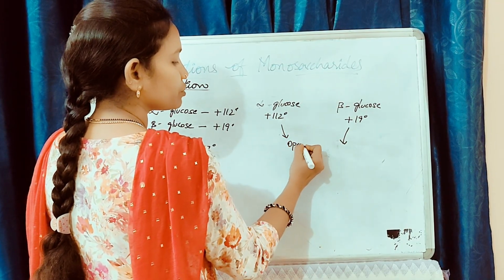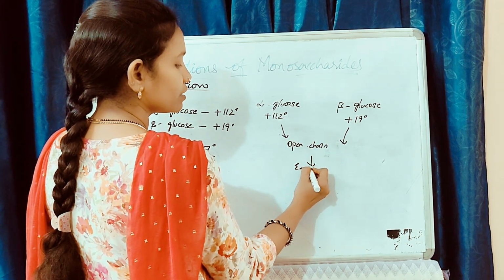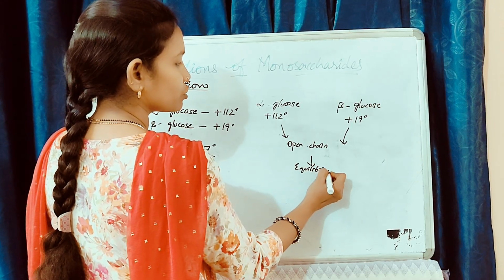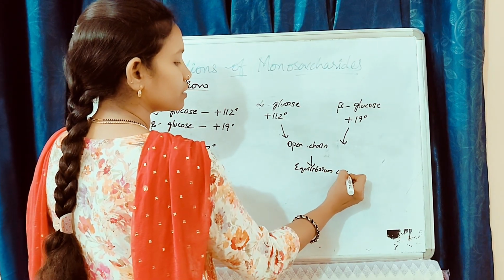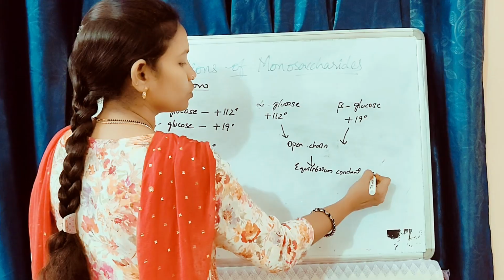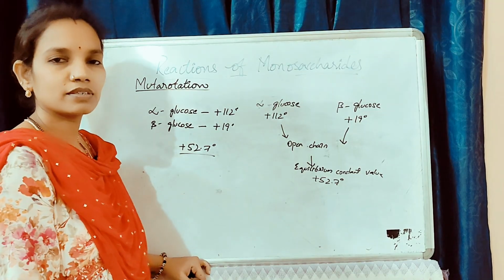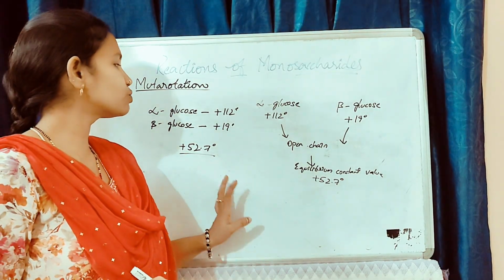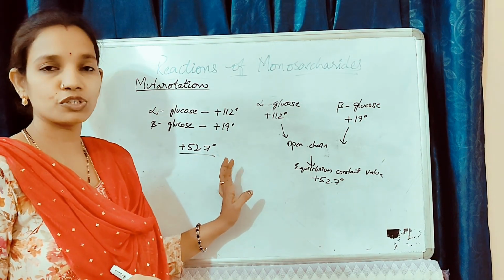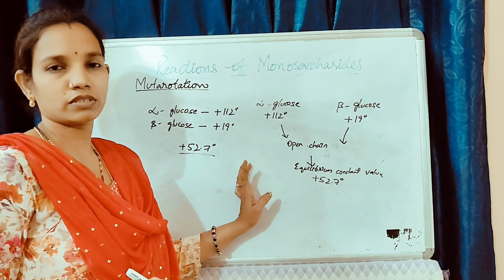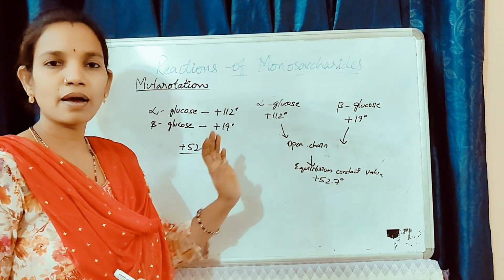Through the open chain form, they reach the equilibrium, means interconversion of alpha and beta glucose takes place. They reach the equilibrium value of plus 52.7 degrees. Is it clear? Now have you understood what is mutarotation? Mutarotation is the change in the optical rotation of a sugar solution when it is dissolved in water until it reaches equilibrium, means a stable balance between alpha glucose and beta glucose.